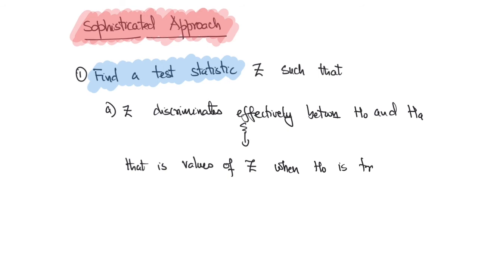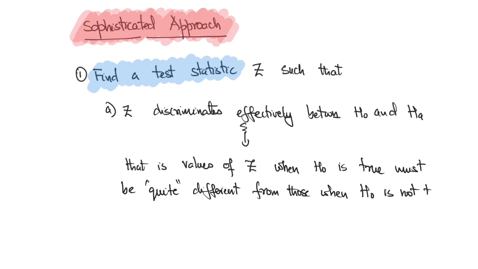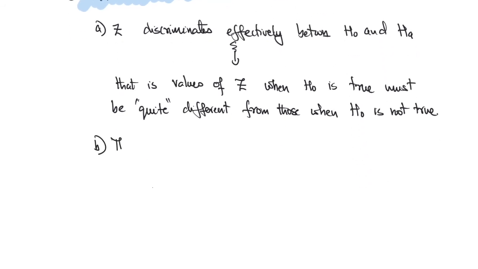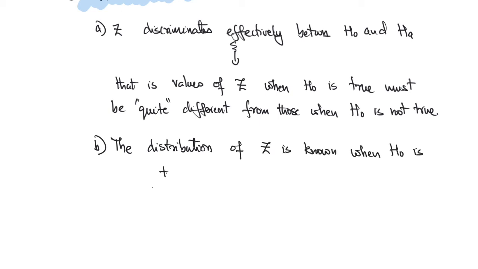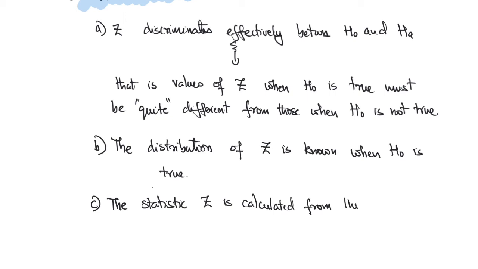This means that the values of Z when the null hypothesis is true must be quite different from those when the null hypothesis is not true. Secondly, the distribution of this test statistic should be known when the null hypothesis is true. And finally, the statistic Z should be calculated from the sample data or the random sample that we use to acquire our evidence E.